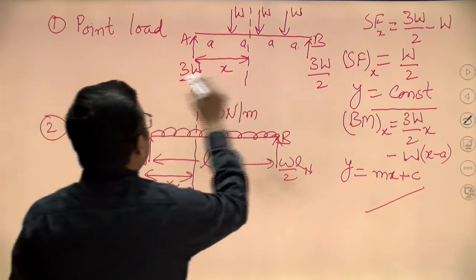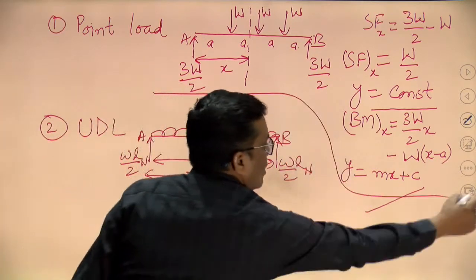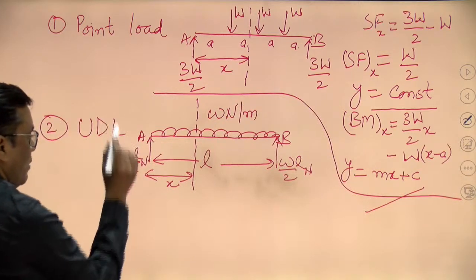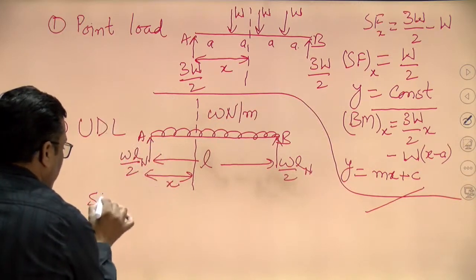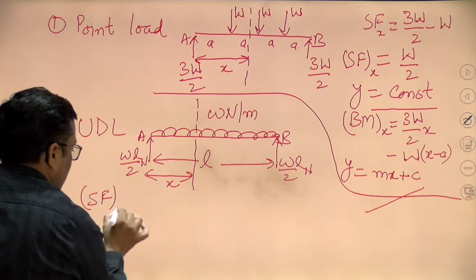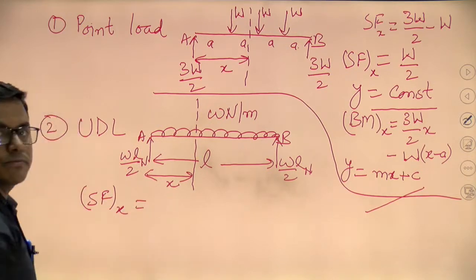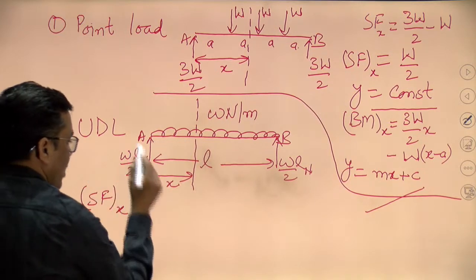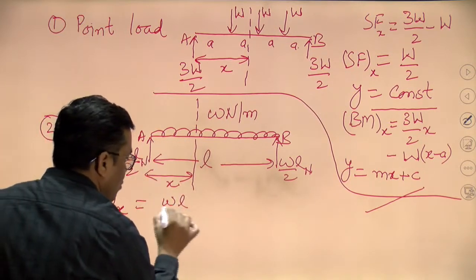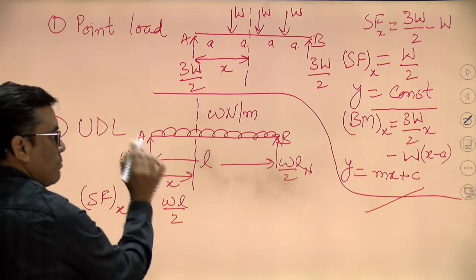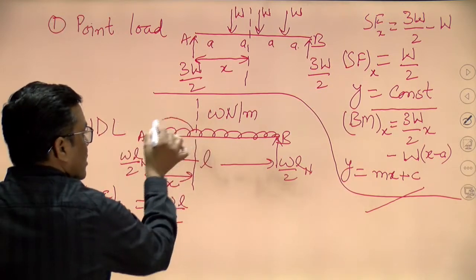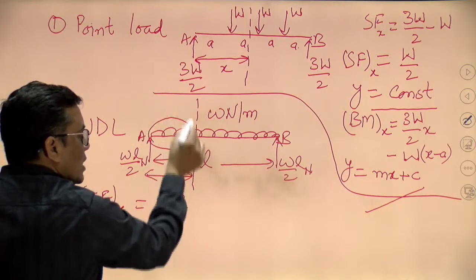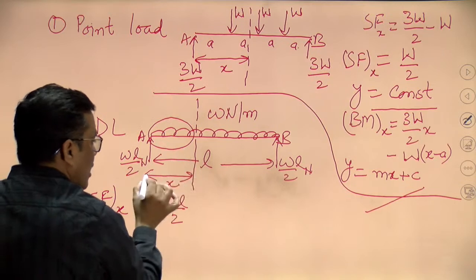ये तो हमारा point load के लिए हो गया था ये सारा. Okay, now I am coming to the UDL. What it will be? Shear force at section X. So on the left side, what are the different forces? One, this is the WL by 2, upward है positive, and this much of UDL डाउनवर्ड होगा, इतना UDL को मैं कंसीडर करूंगा. लेंथ कितनी है?